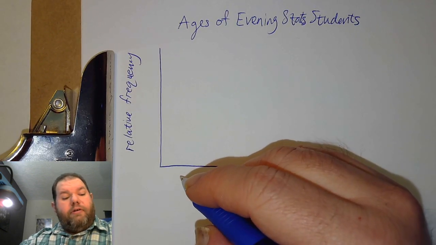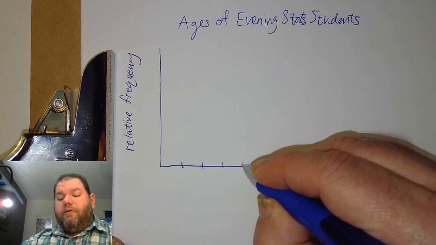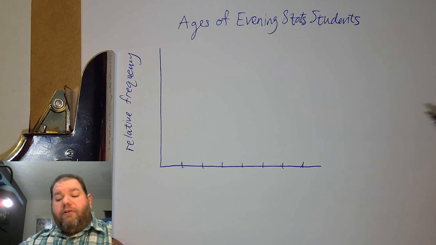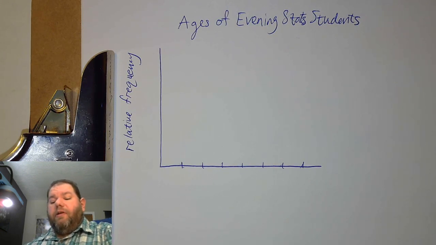And on the bottom here, I'm going to make some marks. We have 6 classes, so I'm actually going to make 7 marks here. Okay. Always make one more mark horizontally than we have classes.